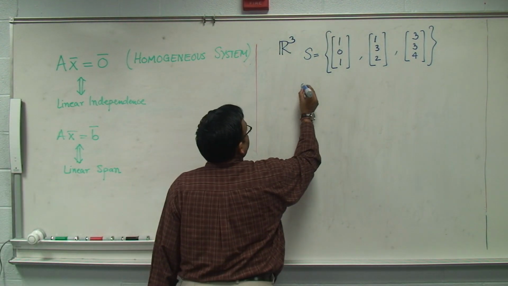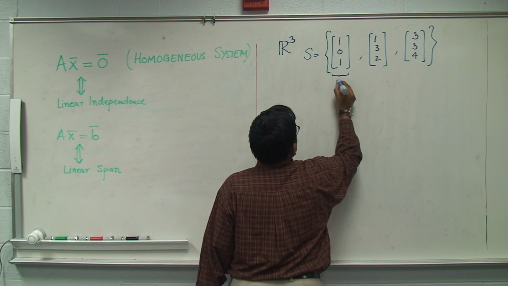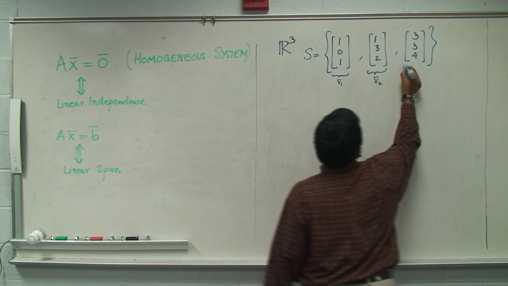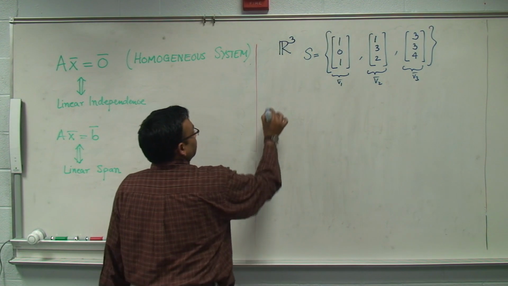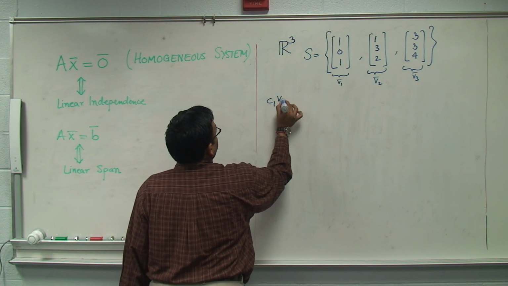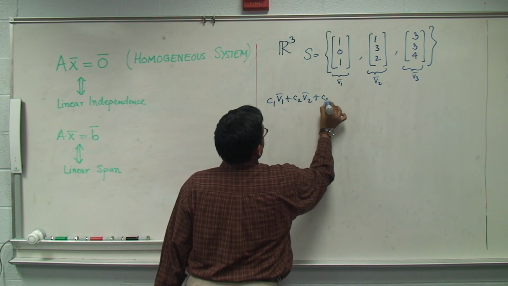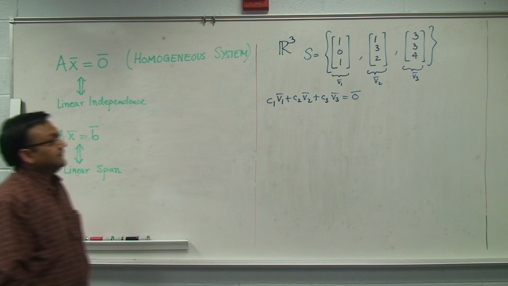So from our way of writing things, suppose I call this my vector v1, this my vector v2, and this my vector v3. I'm basically asking whether this particular linear combination can produce me the zero vector.